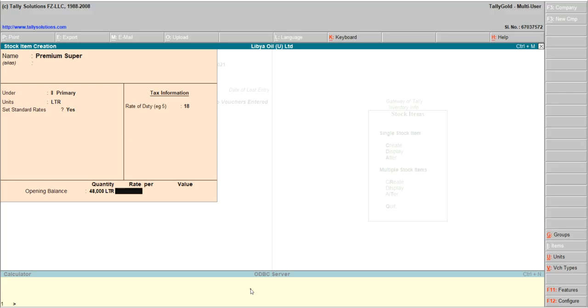So 48,000 is lower, so that will be the cost, the rate per liter. The quantity in liters is 40, and the rate is 48,000. This gives us a value of 1,920,000. Enter, accept.